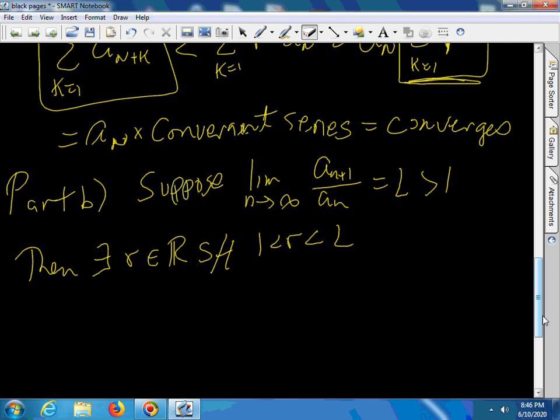Now, like before, these ratios are a sequence on their own.